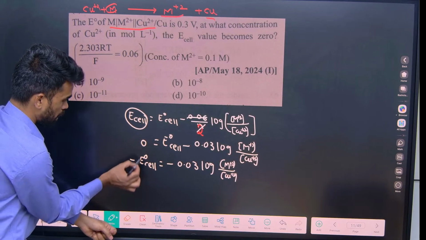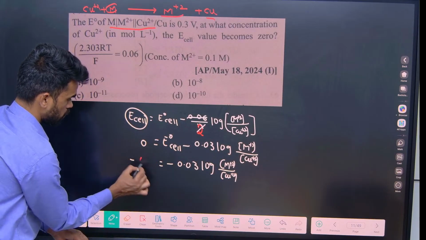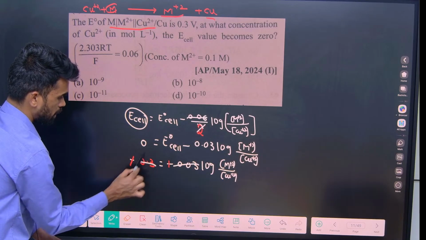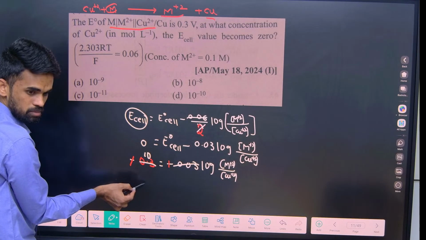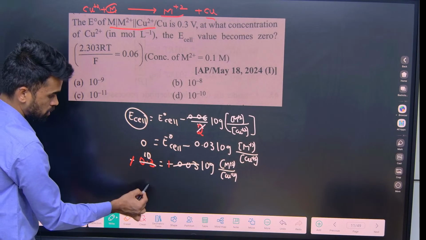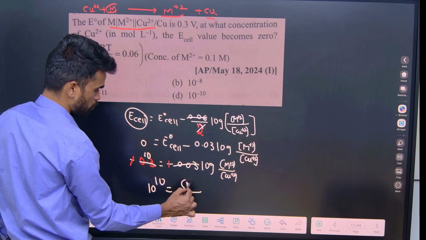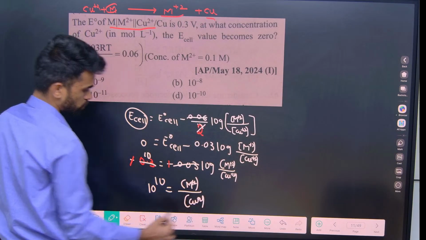So I can write here directly 0.3. So the minus is removed. This will be 10 times. If I send this log to this side, it becomes 10 power 10, which equals the concentration of M plus 2 ion by the concentration of Cu plus 2. We can write it like this.